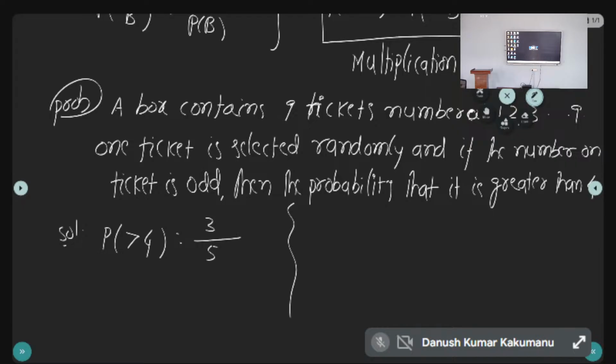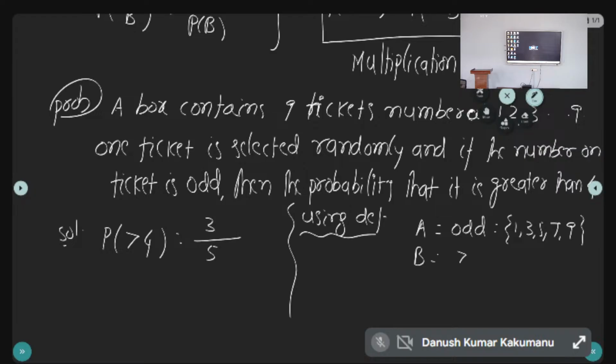Answer completed. But if you follow the rules according to the conditional probability definition, just for clarity: A is odd number. How many odd numbers are there? 1, 3, 5, 7, 9. B is greater than 4. How many numbers are greater than 4? 5, 7, 9.